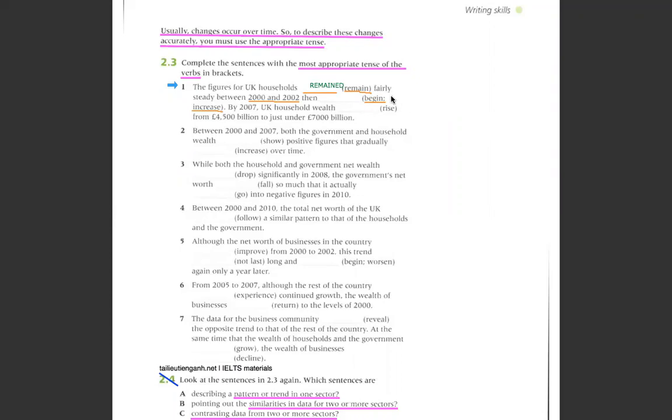Okay, so the answer here is began to increase. Okay, began because it's past tense, and then after the word began, we use the to infinitive. So the to plus.